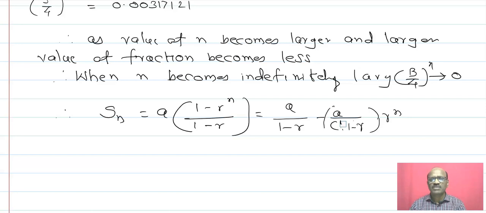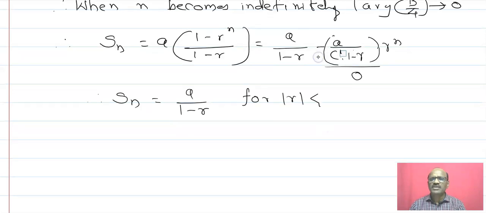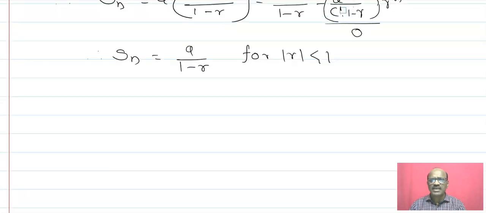That is a/(1 - r) - a(1 - r^n)/(1 - r), and that value becomes 0 because r^n becomes smaller and smaller. Overall, Sn is equal to a/(1 - r) for mod of r less than 1. This is the formula you have to remember.